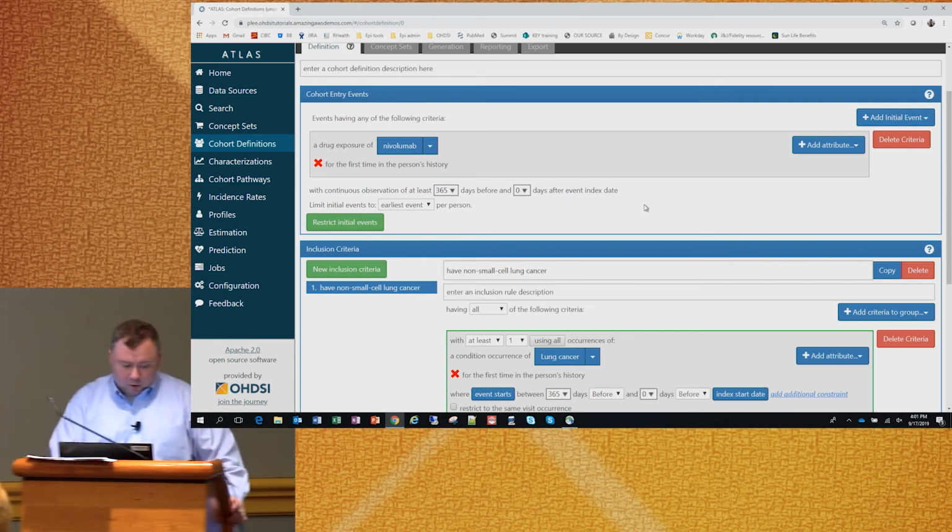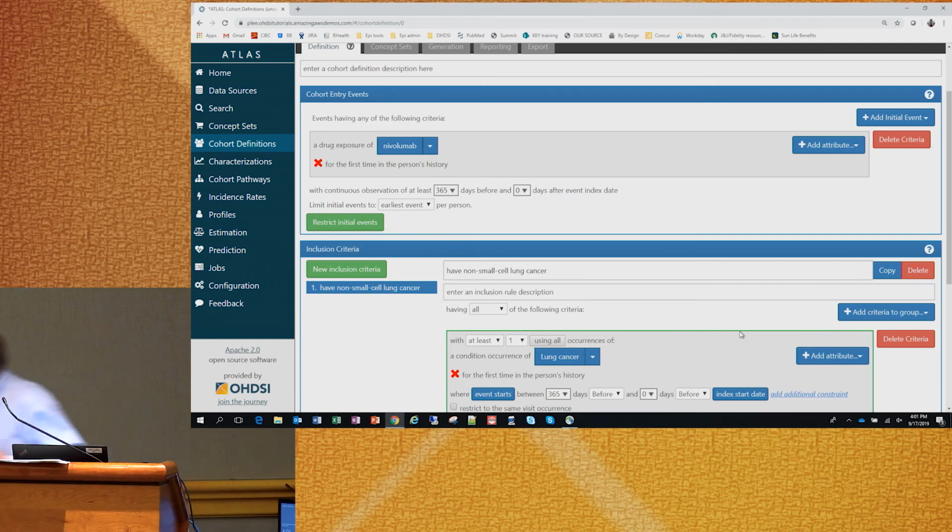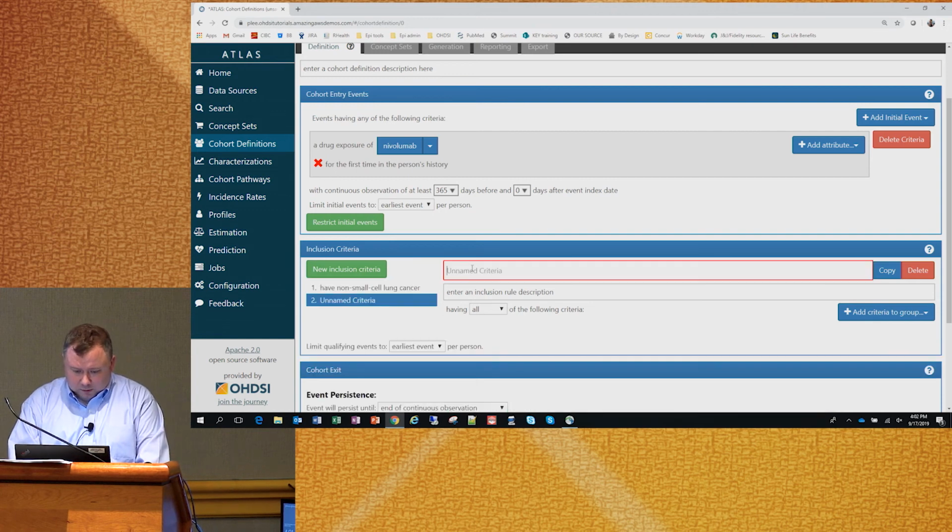So we've got our new user of the drug, and we're requiring that they have a lung cancer diagnosis sometime in this period. So we've just done this one here. Okay. So now we need to exclude other non-small cell lung cancer drugs.